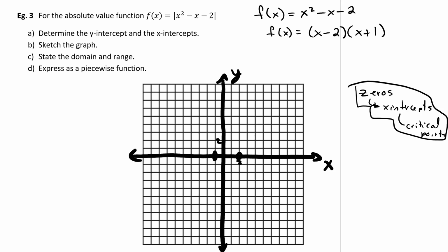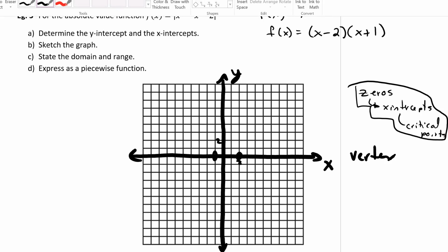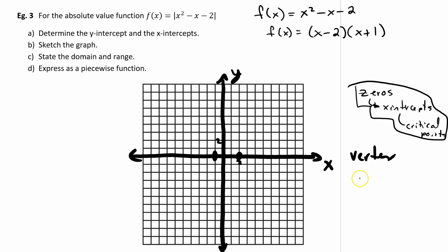Now, in order to find the vertex, I know that it's going to be on the line x equals 0.5. What I'm going to have to do is go back and remember the x-coordinate of the vertex is x2 plus x1 divided by 2.